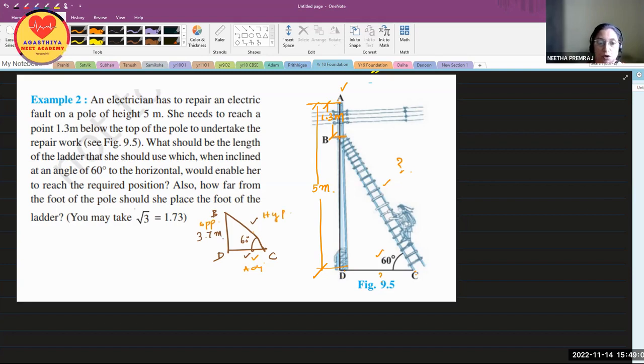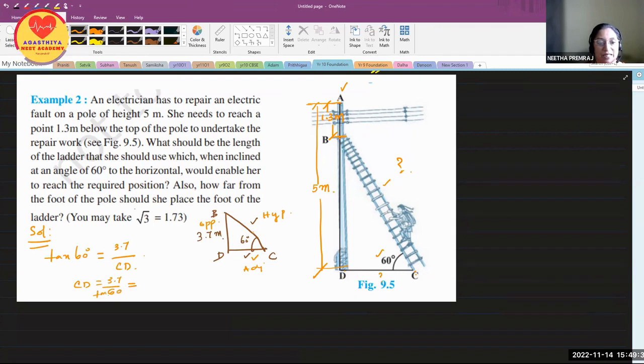The relation between opposite and adjacent is what? Yes. So tan 60 is equal to opposite side, 3.7, over adjacent, CD. So CD is equal to 3.7 over tan 60.